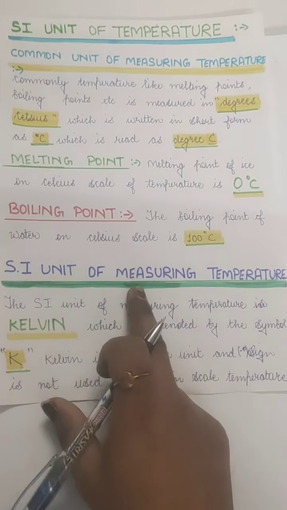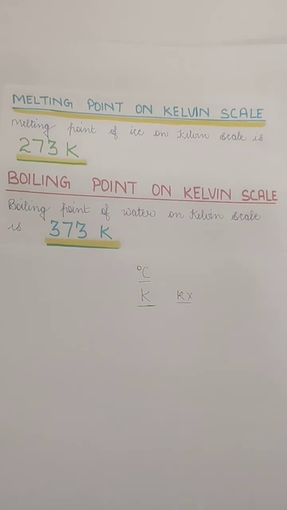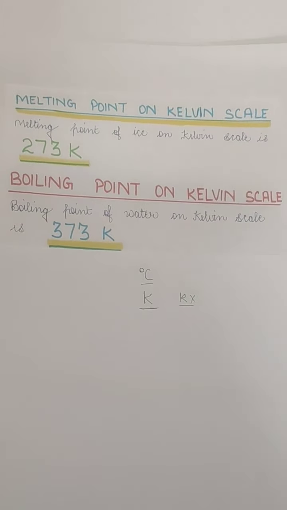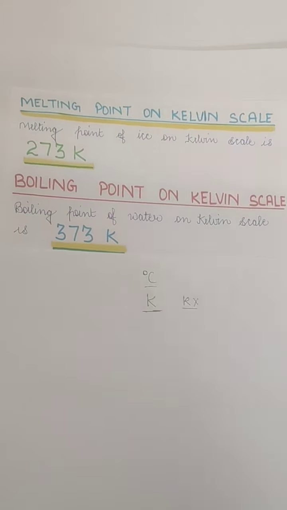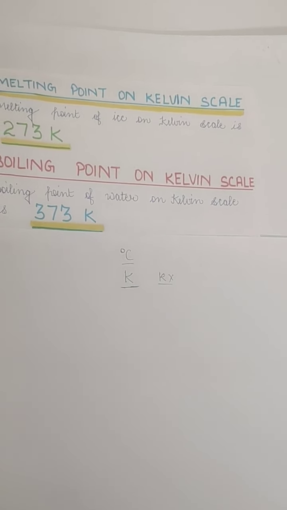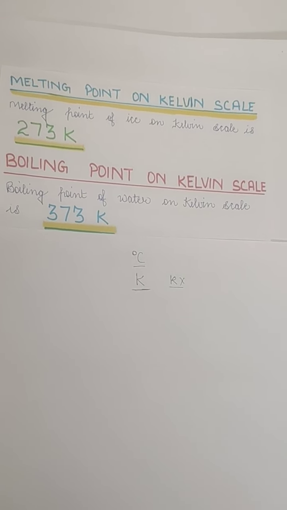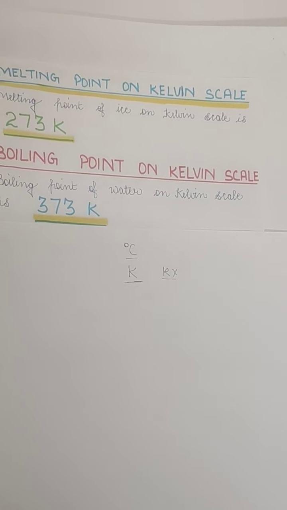So the next thing we'll be learning is melting points on the Kelvin scale. So just now we have read how we write melting point and boiling point in terms of degree C. Now we'll take the example of water, because water is the only matter which can be present in all three physical states, that is solid, liquid and gas.